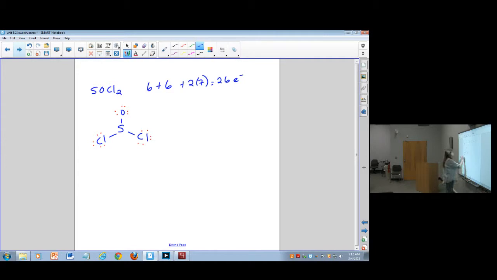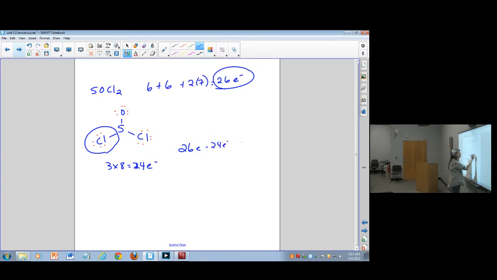Well, remember, each one of these atoms has an octet, and I have 3. So 3 times 8 is 24 electrons. But I have 26. 26 electrons minus 24 electrons means I have 2 electrons that I need to put on this structure somewhere.